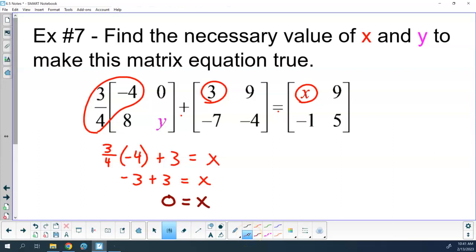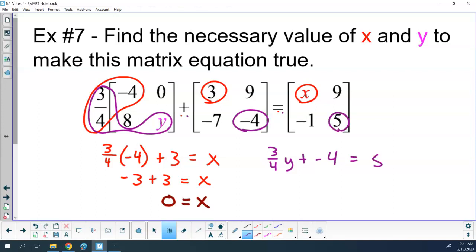Then you've got 3/4 times y plus -4 equals 5. So there I would add 4 first. Then I would multiply by 4/3.